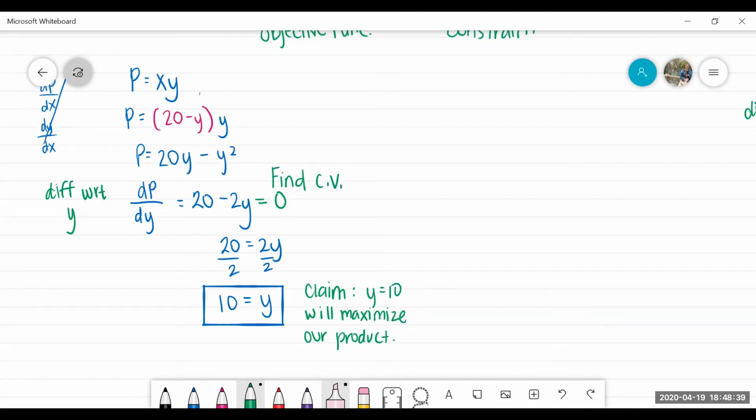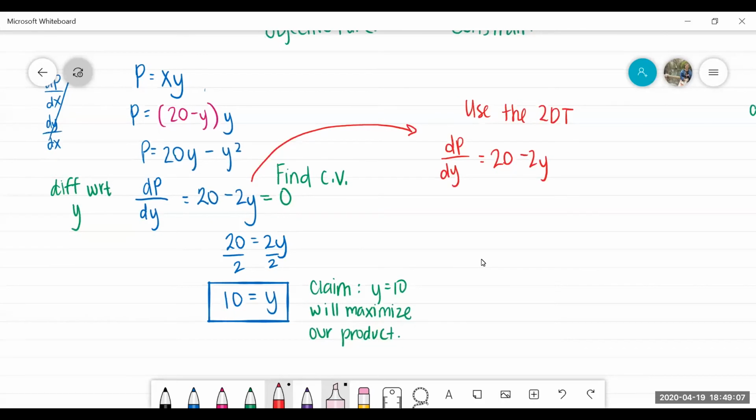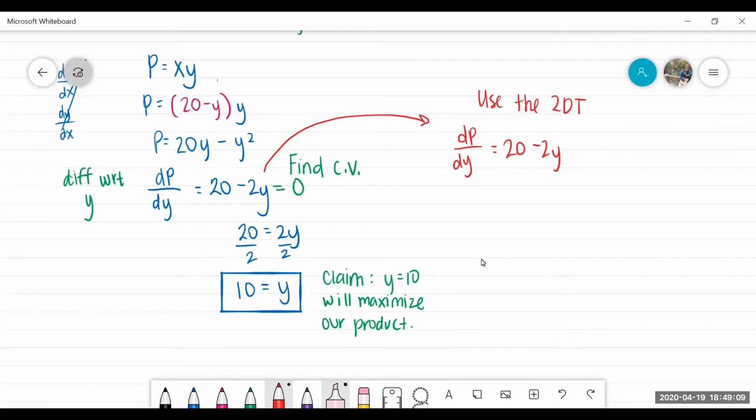But this is the thing. How do you know that that claim is true or not? Well, the answer is you come back here to our first derivative. So I'm going to take this first derivative, dp dy is equal to 20 minus 2y, and we're going to use the second derivative test. Why? Well, because the second derivative test is a really straightforward way to figure out if something is a maximum or a minimum.